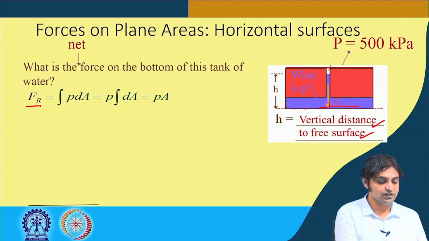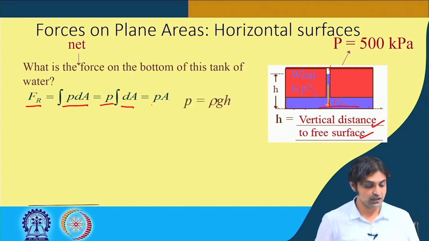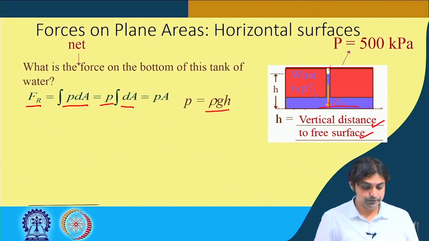So, the resultant force is going to be the integration of pressure into area. P is constant, so it comes out and that becomes pressure into area, PA, where P is rho g h. This is the gauge pressure.